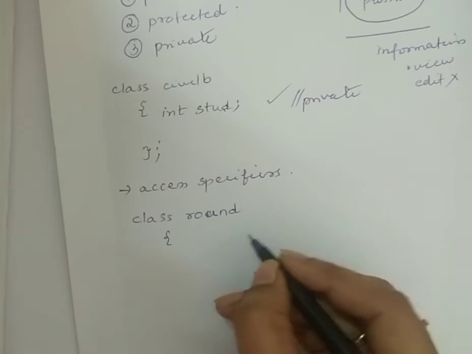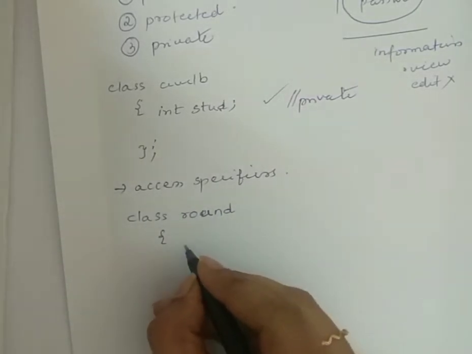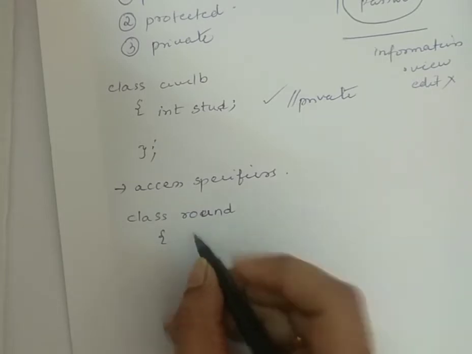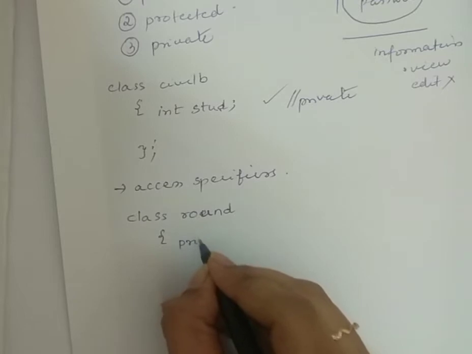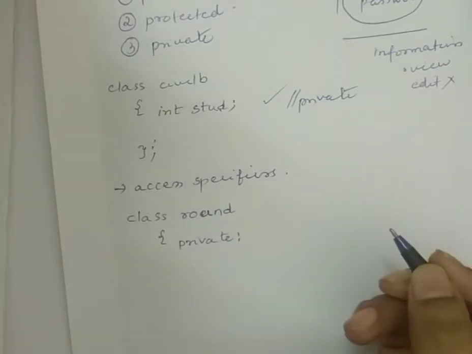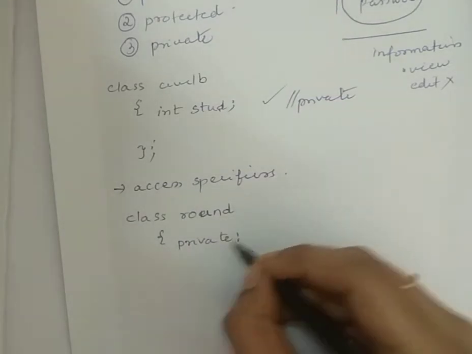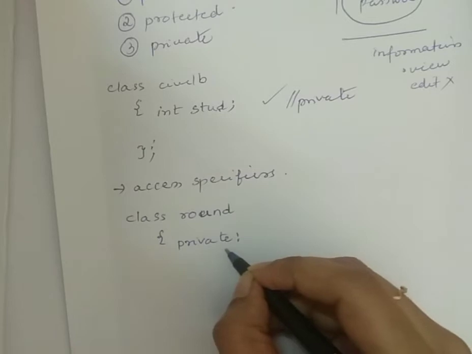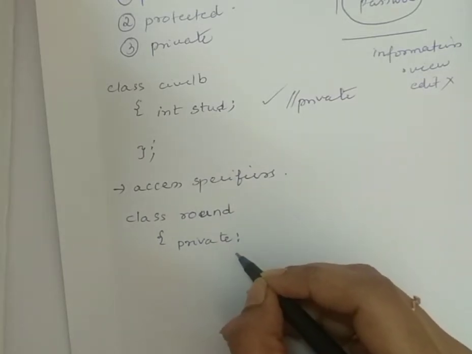I need the data that is the radius of a circle or a round. So I am making that variable a private one. For that I am using the access specifier private. I am writing private and putting a colon, which means whatever I write below this is made a private member.